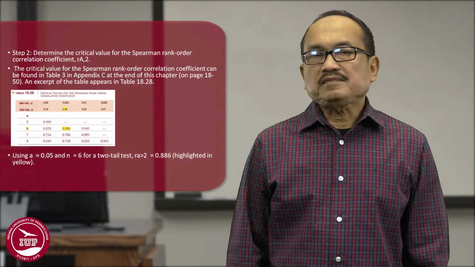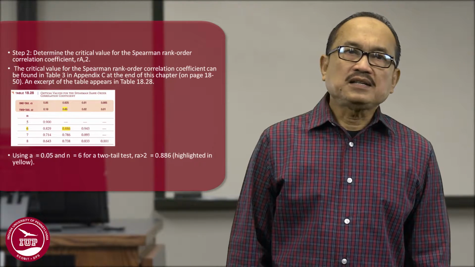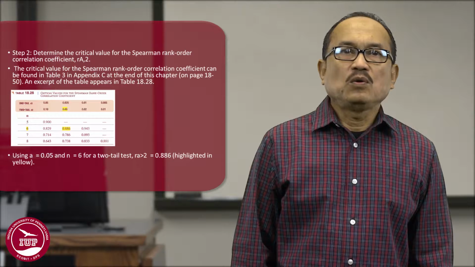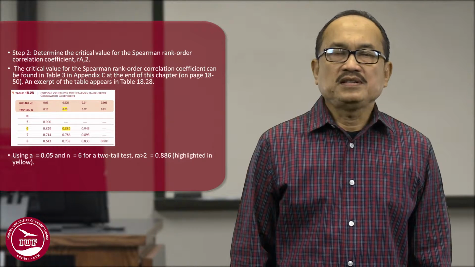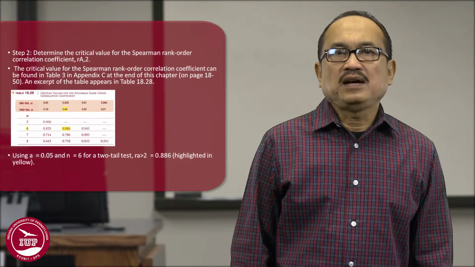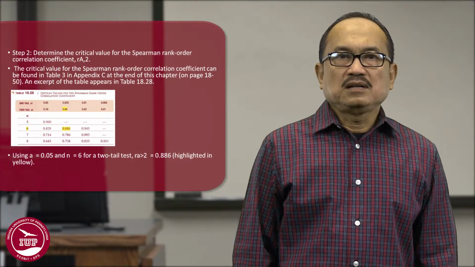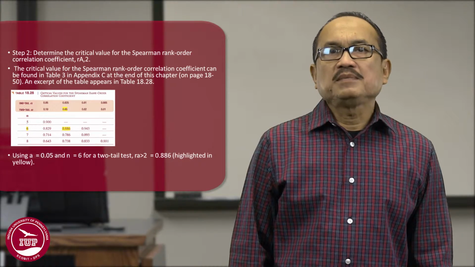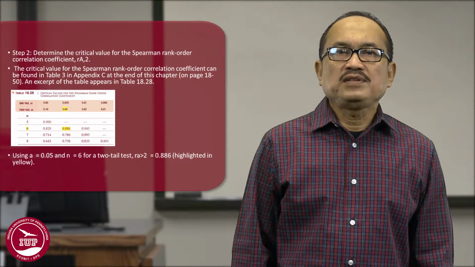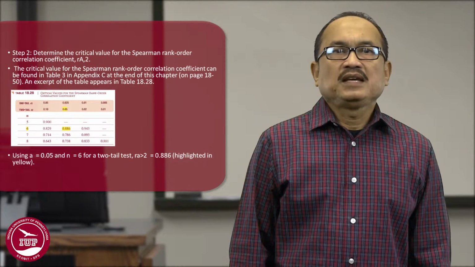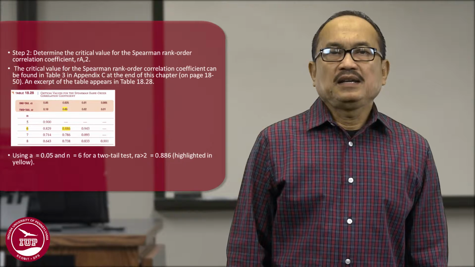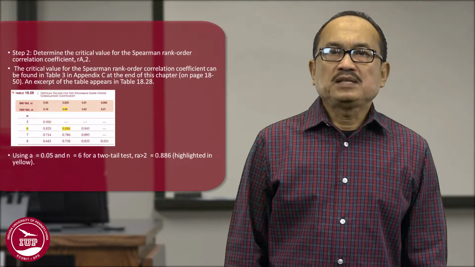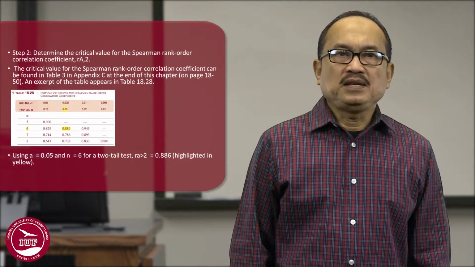Step 2. Determine the critical value for the Spearman rank order correlation coefficient, r alpha. The critical value can be found in Table 3 in Appendix C at the end of this chapter on page 18-50.